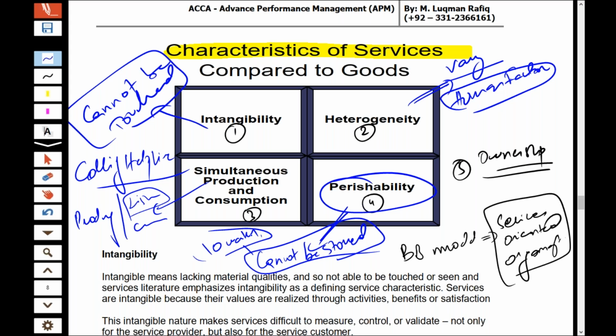In the evening, the number of visitors is such that it needs 20 waiters. So they would need extra waiters rather than those 10 serving the customers satisfactorily. These waiters cannot say that we were free the whole day, so we are now going to serve double the number of customers. No, you cannot do it. That time wasn't stored.